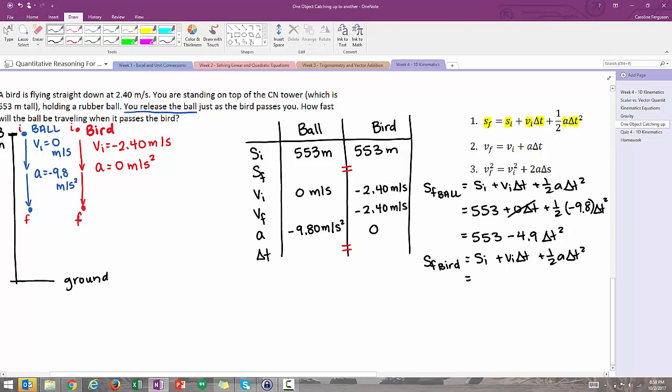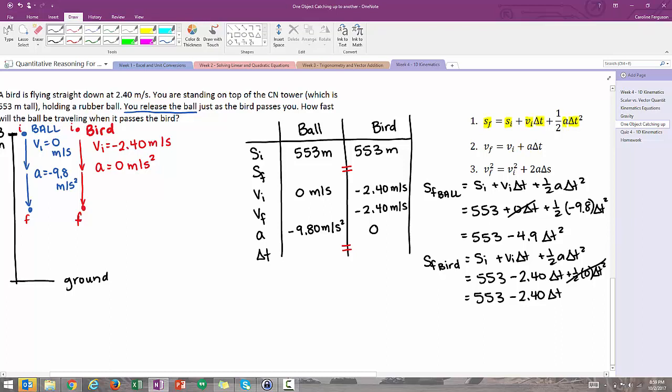Okay, so SI for the bird is still 553, plus V initial for the bird is negative 2.4 delta T, plus 1/2, the A is 0, delta T squared. So because we have 1/2 times 0 times delta T squared, all of that becomes just 0. So that's all gone. So when we simplify that, we just get 553 minus 2.4 delta T.